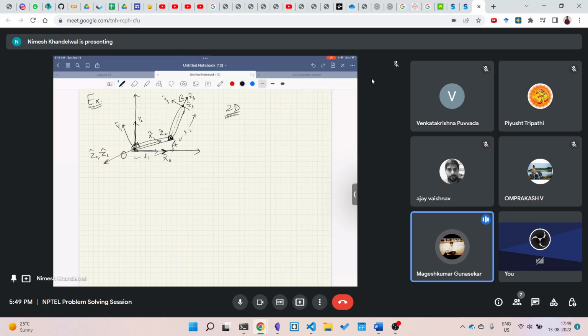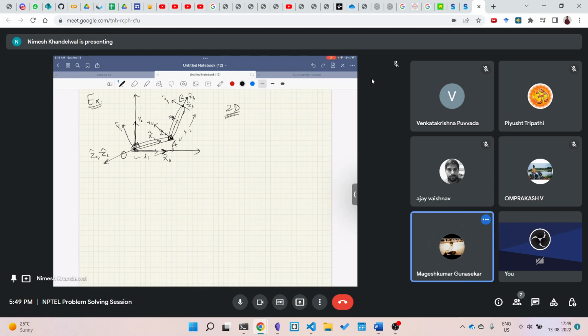So it should be along this link 2 only. That is x2. And from z2 and x2, I know where my y2 is. Now we have assigned the frames for the DH parameters.